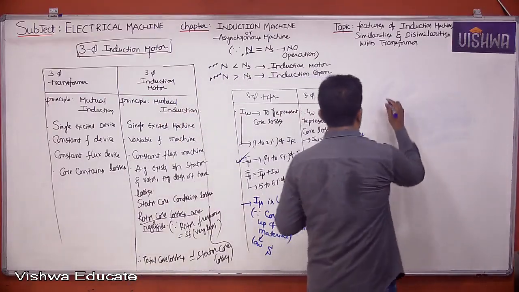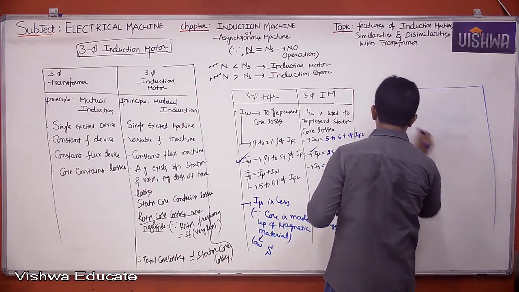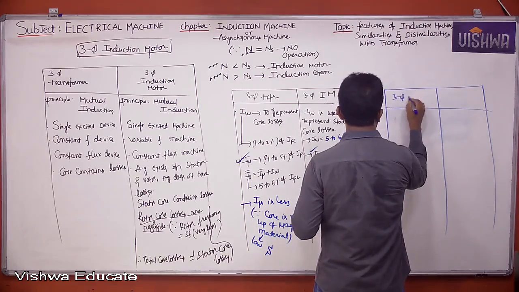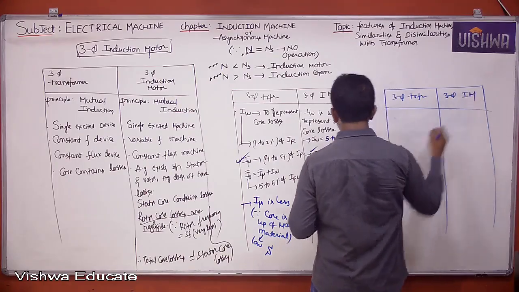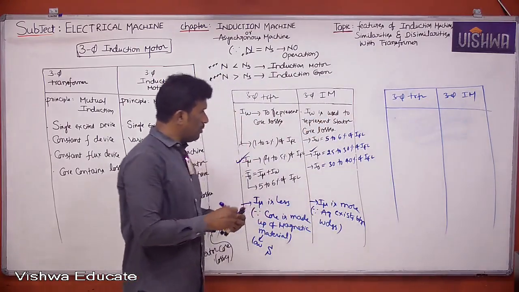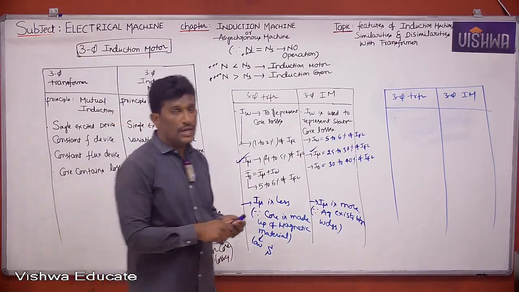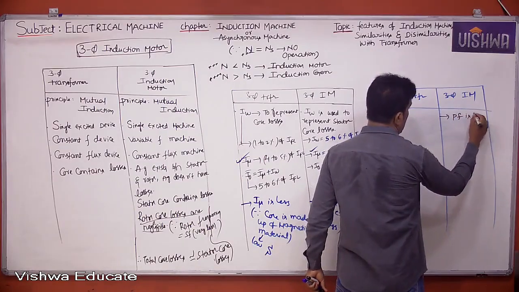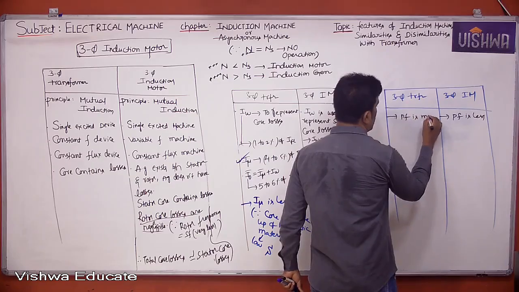Okay. So let me write here some more differences between the 3-phase transformer and the 3-phase induction motor. Since the requirement of I mu is more in the induction motor, the power factor is very less. So here the power factor is less, here the power factor is more.